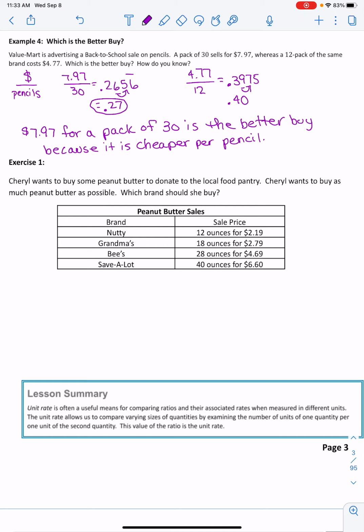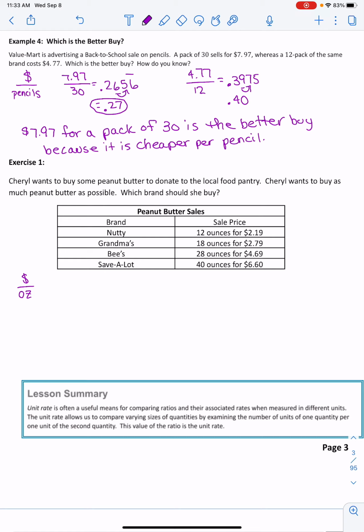Now in our next example, Cheryl wants to buy some peanut butter to donate to the local food pantry. Cheryl wants to buy as much peanut butter as possible. Which brand should she buy? Well, again, we need to compare. So we are going to compare the dollars per ounce, so we can figure out which brand is going to be the better one.